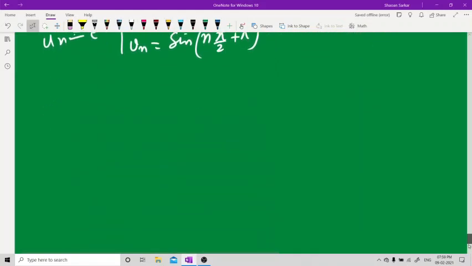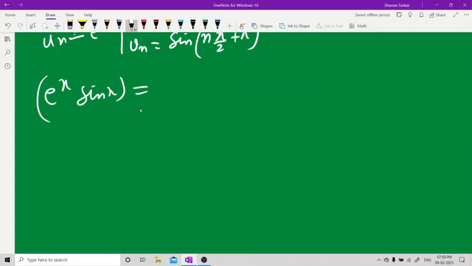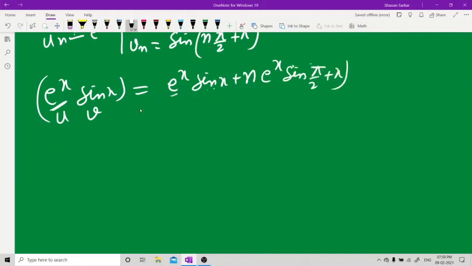Now here we have the problem: e to the power of x sine x. Now nC0 is 1. The nth derivative of u, this is u, this is my v, e to the power of x sine x, plus nC1 is n. The (n-1)th derivative is again this, and the derivative of sine x is cos x, and this will become sine of pi by 2 plus x. Now nC2 is n into n minus 1 by 2 factorial.